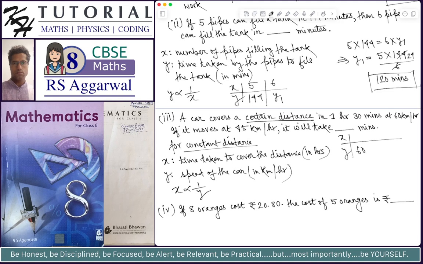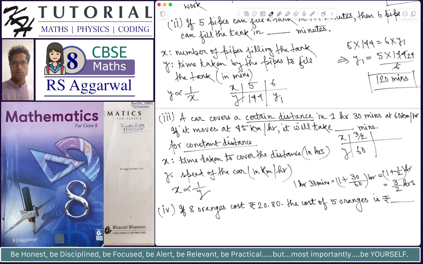We have to convert 1 hour 30 minutes into hours. 1 hour 30 minutes is equal to 1 plus 30 by 60 hours, which is 1 plus 1 by 2, which is 3 by 2 hours, since we have taken the time x to be in hours.